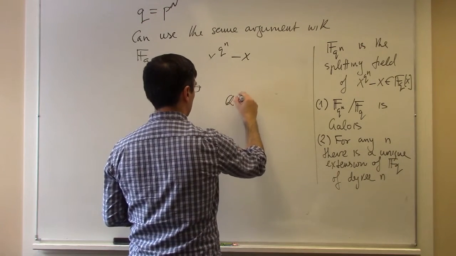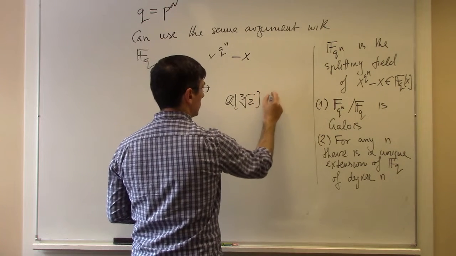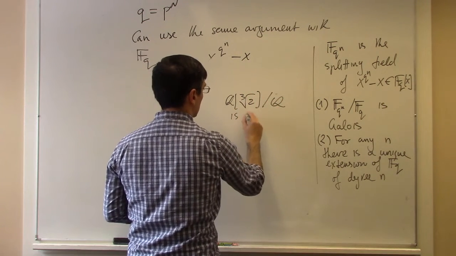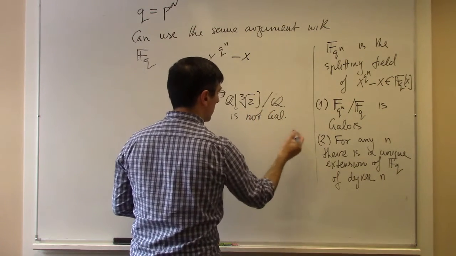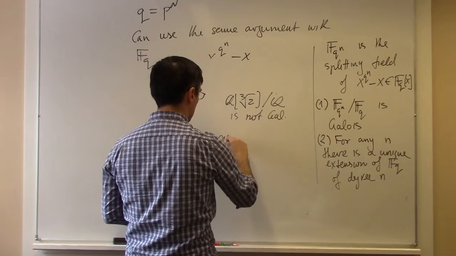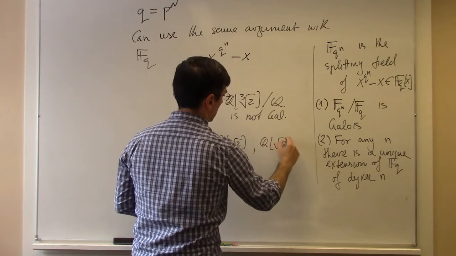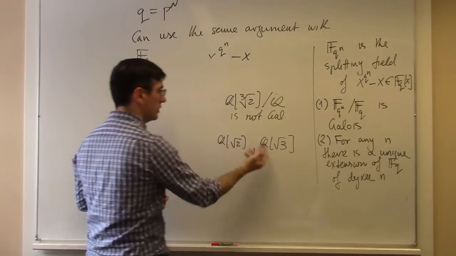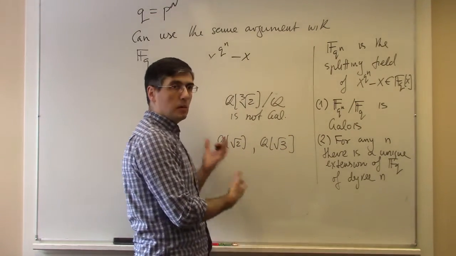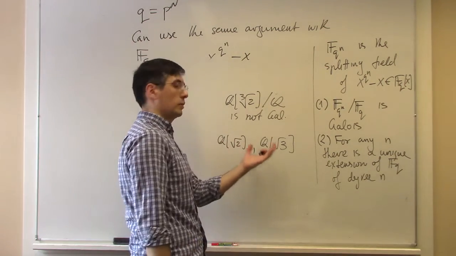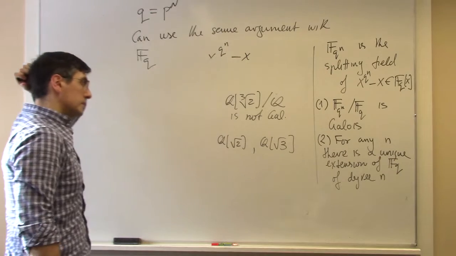We already saw that the cube root of 2 is not Galois, and for this part you can show that these two fields are not isomorphic. And in fact, there are infinitely many non-isomorphic quadratic extensions of Q. So again, this fails.